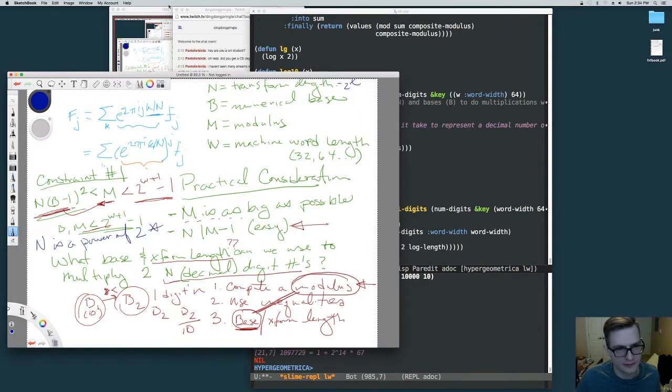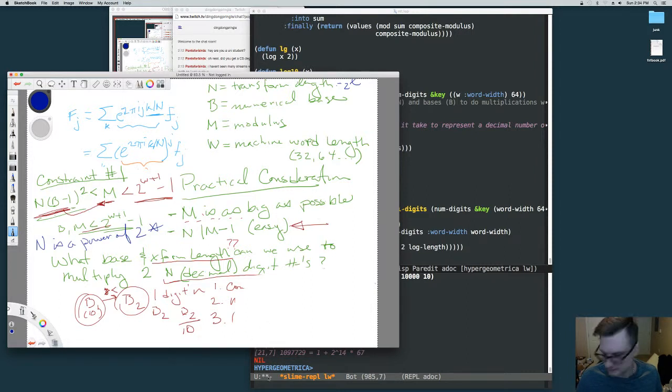So if we have, let me erase some stuff, if we have n times b minus 1 squared equal to some k, then b equals, well, k over n square root plus 1.